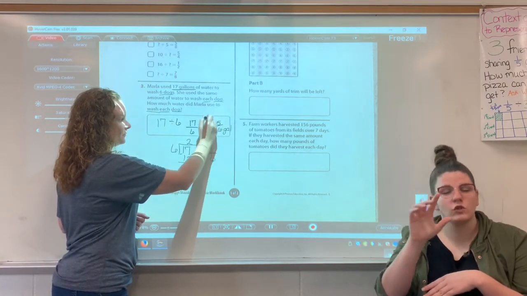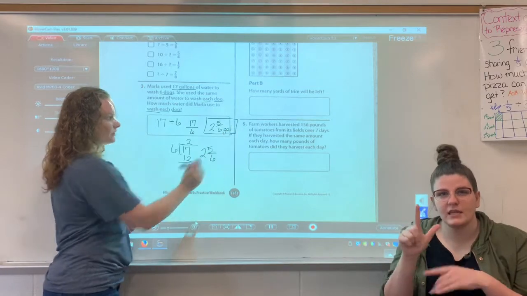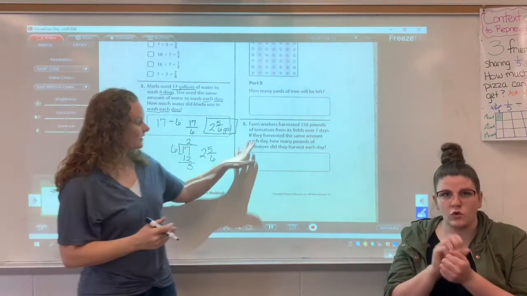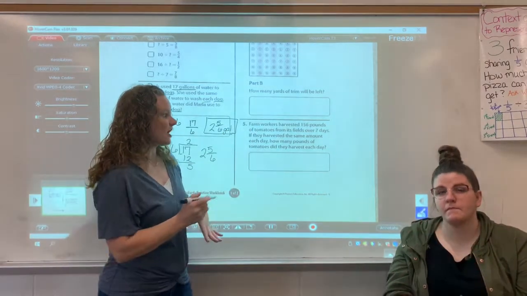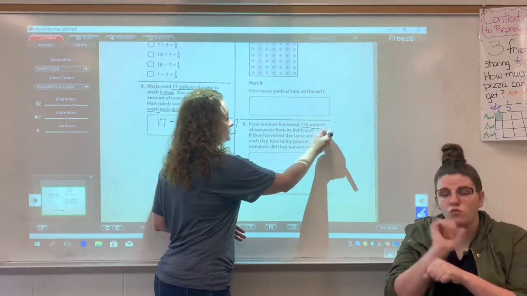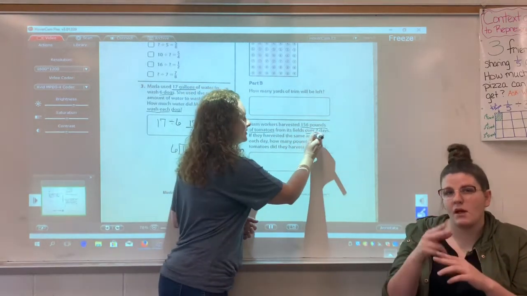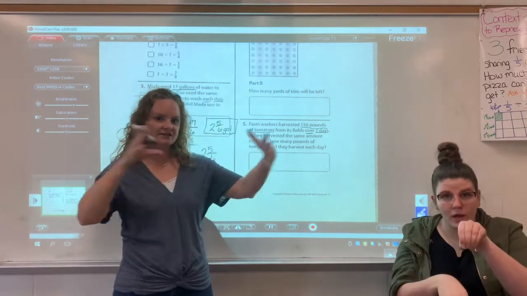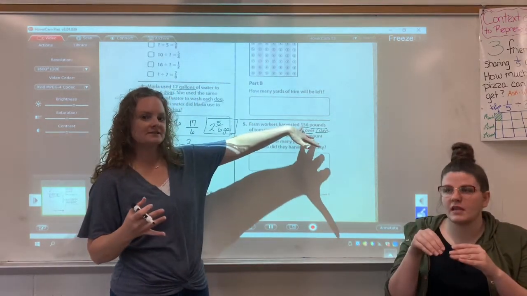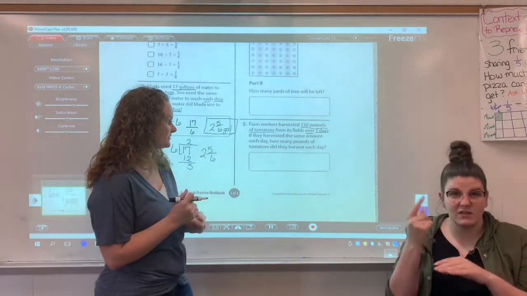Okay. Now number 5, farm workers harvested 156 pounds of tomatoes from its field over 7 days. So within that 7-day frame, they've harvested 156 pounds of tomatoes.